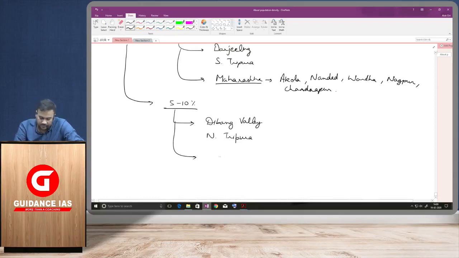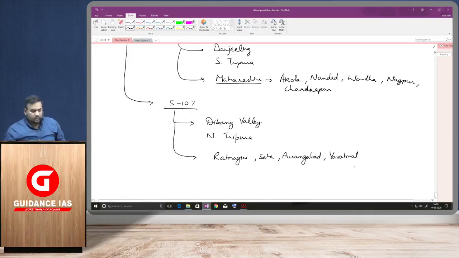In Maharashtra, a number of areas, that is Ratnagiri, Satara, Aurangabad, Yavatmal, etc. So there were a number of areas where their concentration was found to be between 5 to 10%. A significant percentage of Buddhists were found in the population. Okay? So this is basically the case of Buddhism distribution. One thing is very clear: Buddhism is distributed in two areas, the border area of Himalayas and the Maharashtra region.